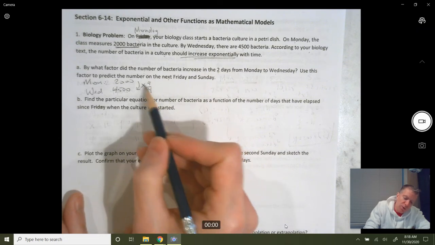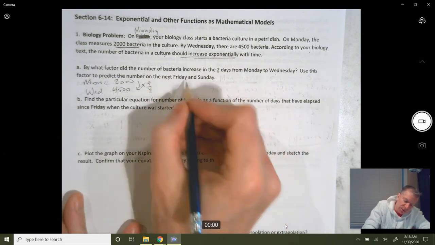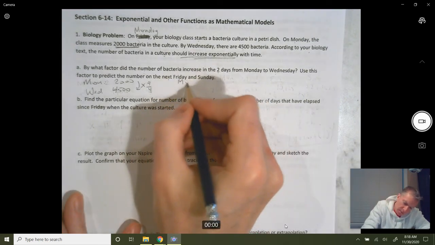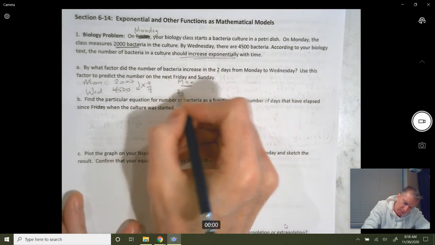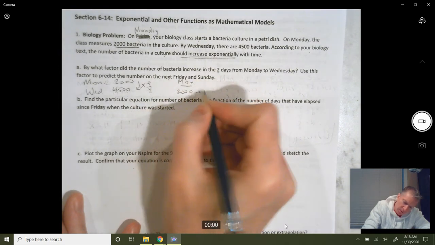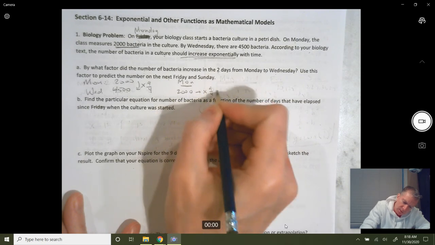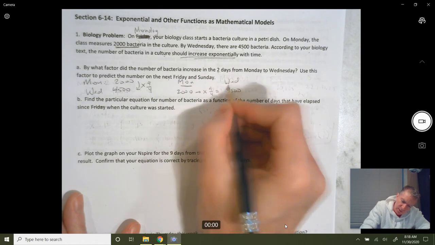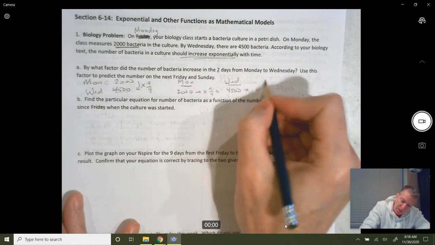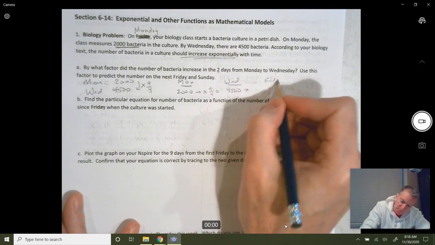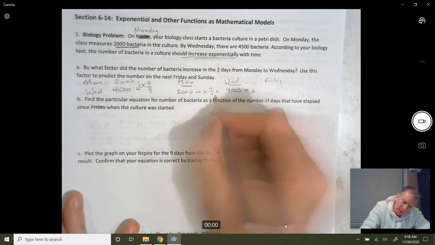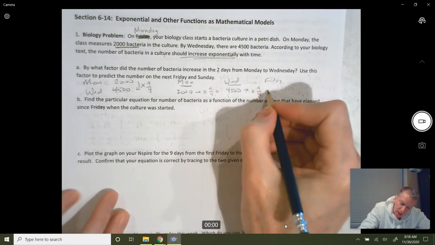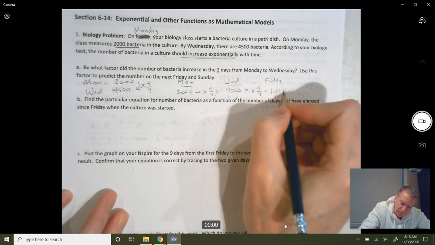Use this to predict the next Friday and Sunday. So Monday, you've got 2,000. You multiply by 9/4. So Wednesday, you have 4,500. Now by Friday, you're going to multiply by 9/4 again, and that's going to give you 10,125.